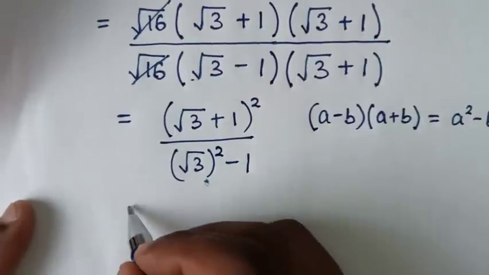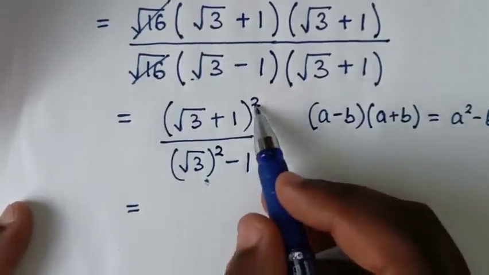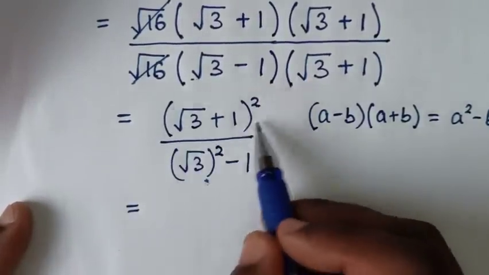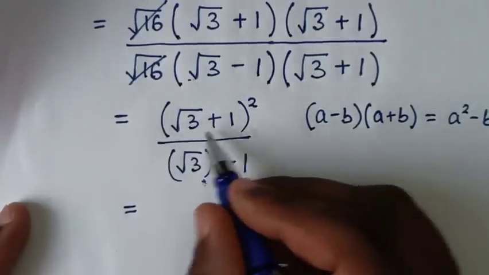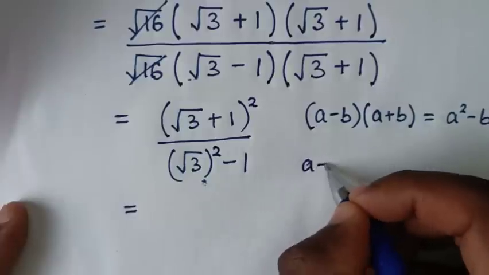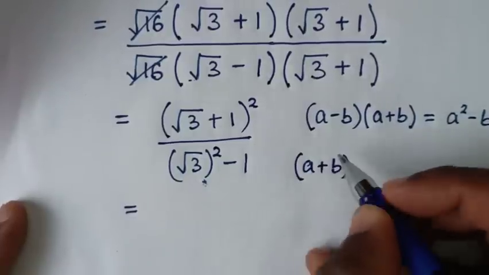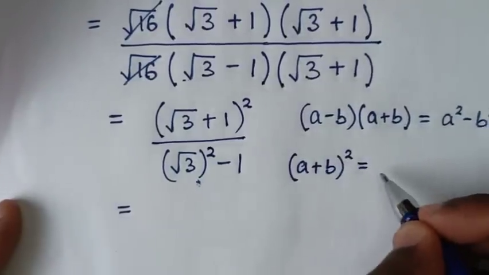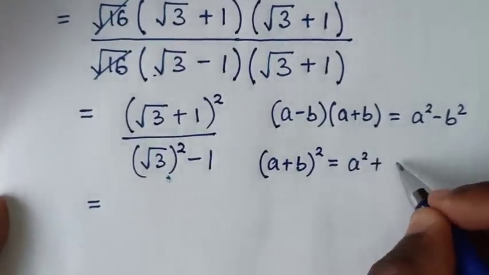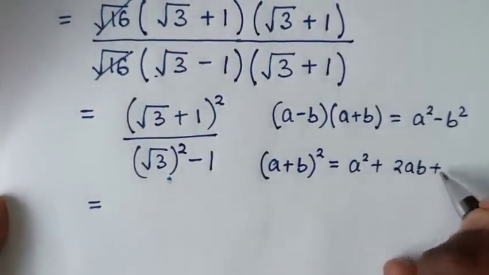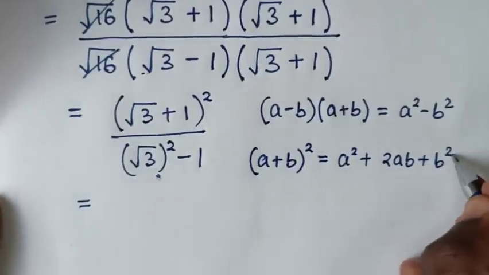Then in the next step, it will be equal to the square of square root of 3 plus 1. This here is in the form of a plus b, then bracket square is equal to the square of this, it is a square plus 2ab plus b square.